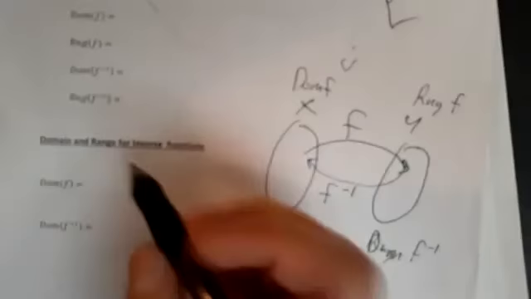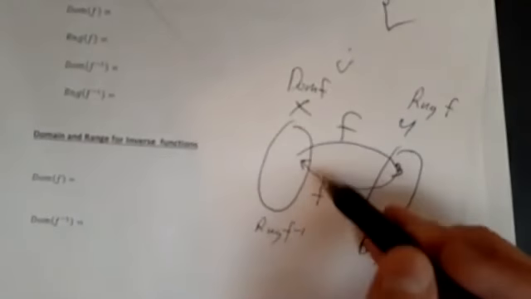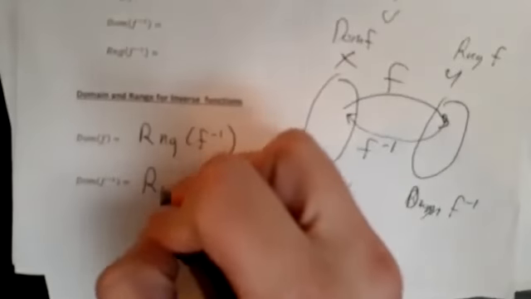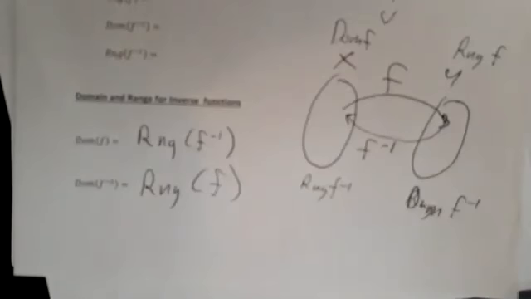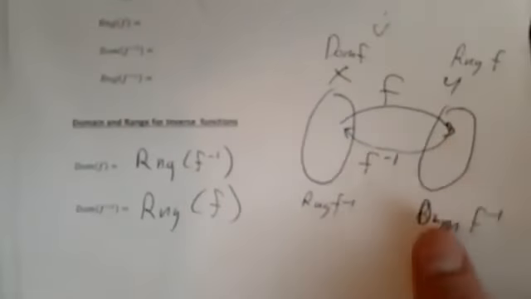Our domain of f is the x's in our f function, but they're going to be the y's in our inverse function. So the domain of this one gives us the range of the other one. This looks probably really confusing, but the easiest way to think about it is you swap your domain and range. The domain of one is the range of the other, and vice versa, right?